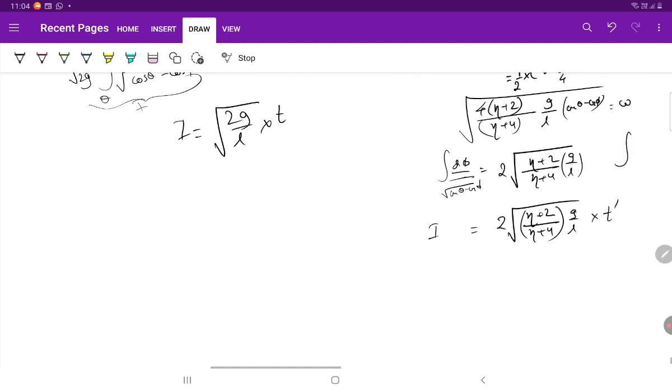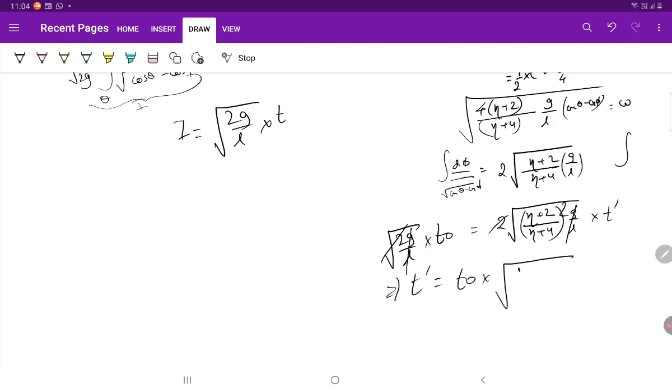So I'll substitute it here. The root 2g by l cancels, and we get t dash equals t naught into root of (eta plus 4) by (2 eta plus 4). And that's the answer to the given problem.